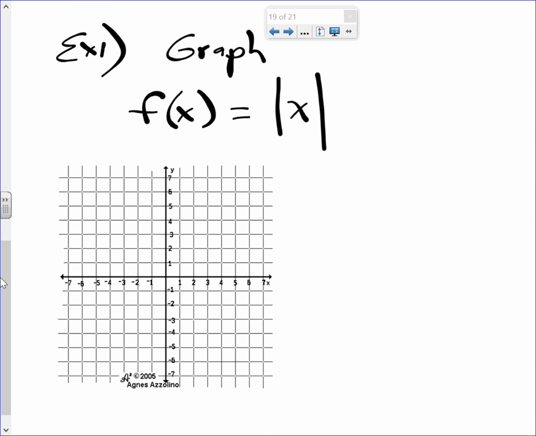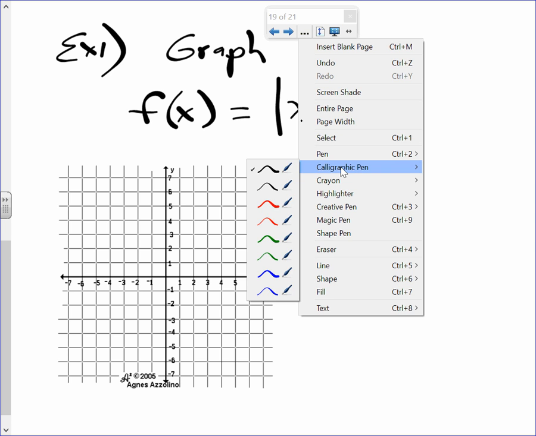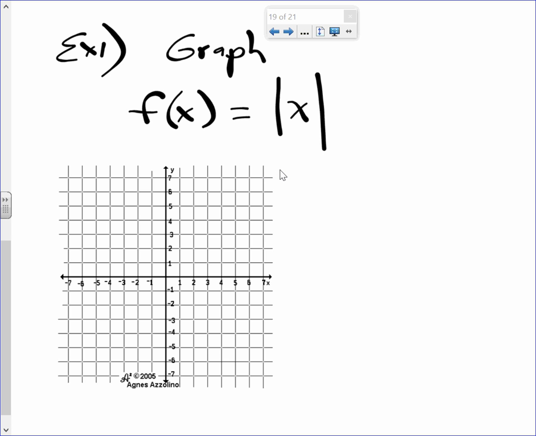All right. How do we graph? What's the first thing we should do? Javier, you get an extra stamp for that one. Watch this.